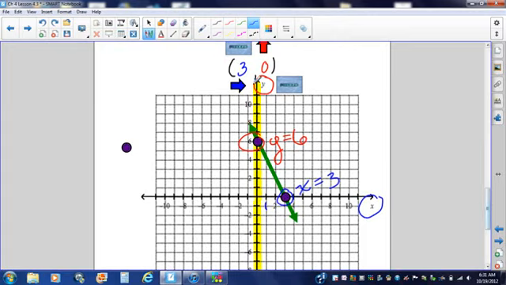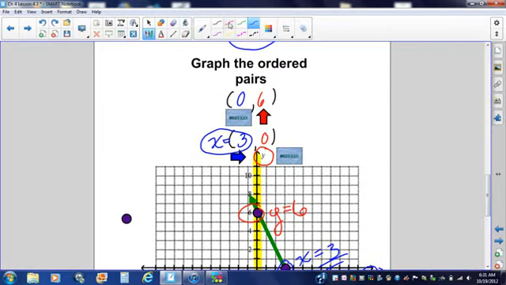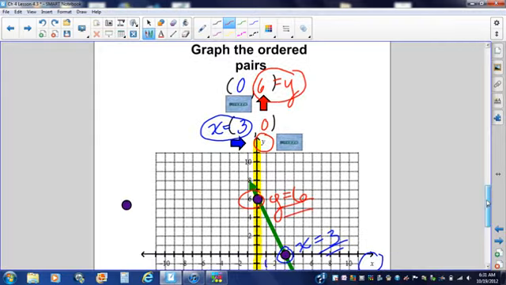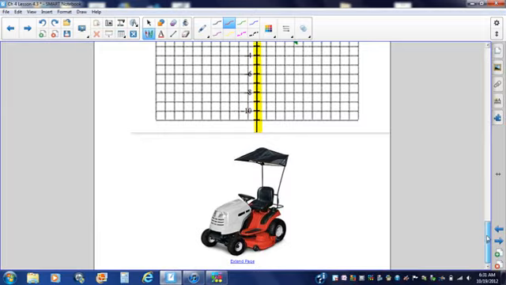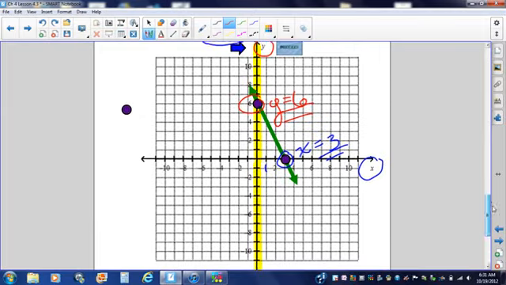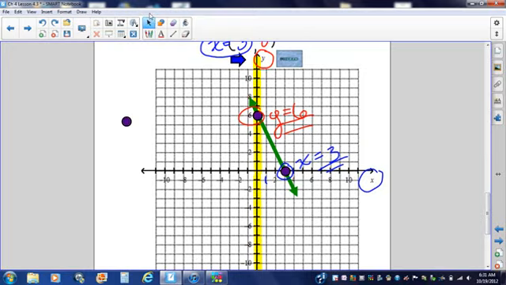Notice back here my ordered pairs, x is 3, y is 6, y-intercept is 6. So again, just a different way. This would be like riding the riding mower to mow the yard. Just a different way to graph the equation.